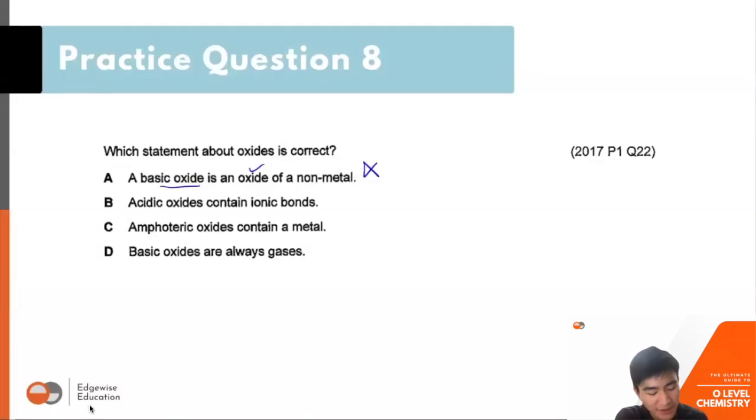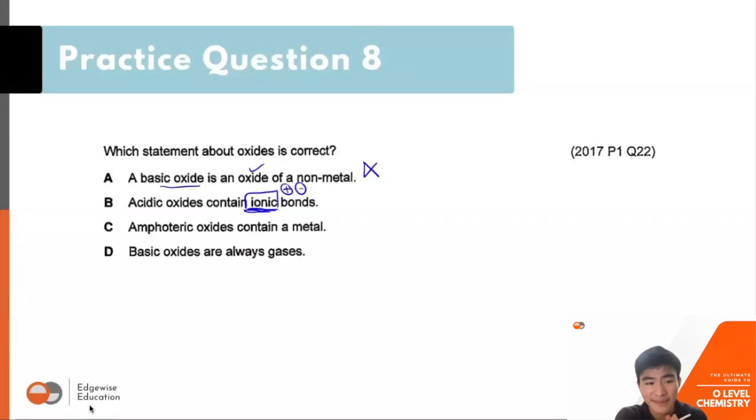Option B, correct or wrong? Acidic oxide contains ionic bond. The keyword here is ionic bond. Just now, whatever we saw, is there a positive or negative ion to it?